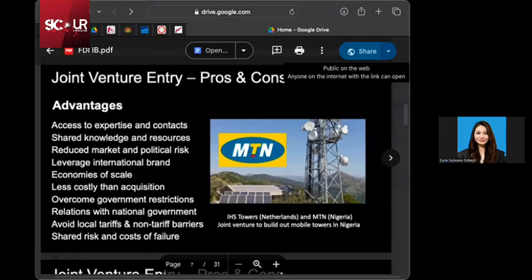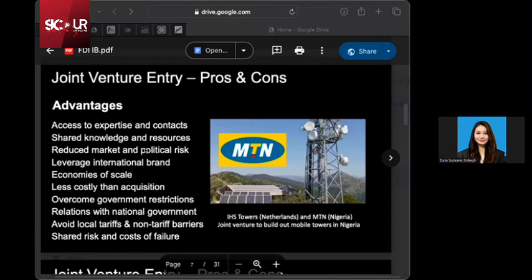Okay, reduce market and political risk. And leverage international brand. So for a joint venture, if you have partnered up with another company, right? Then you can leverage your brand as an international brand. Then economies of scale, and this is less costly than acquisition.